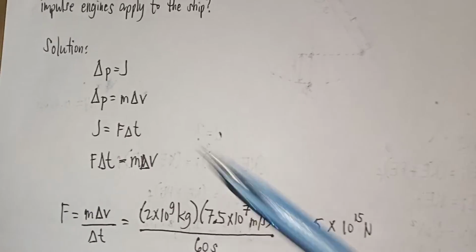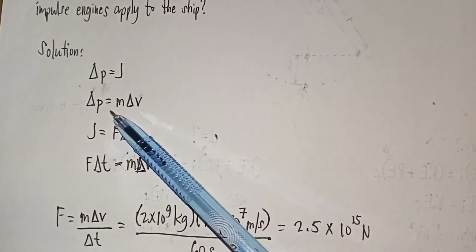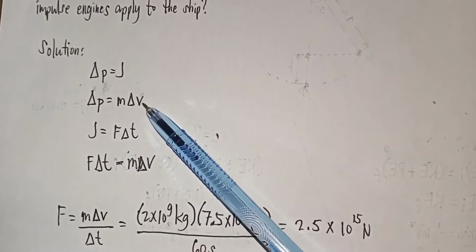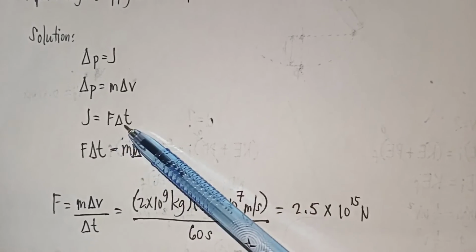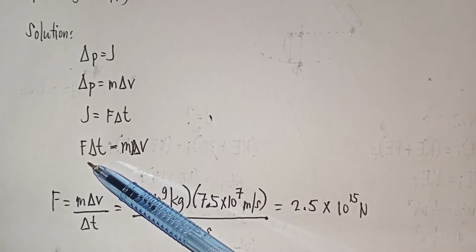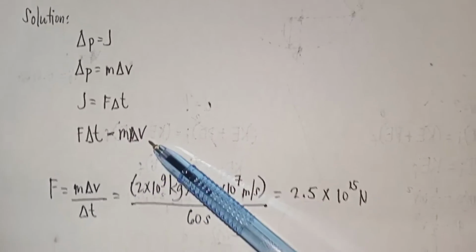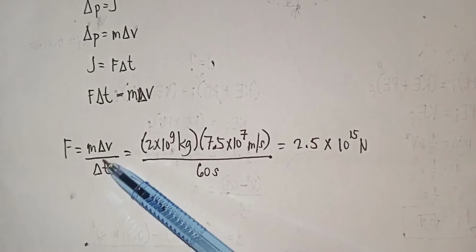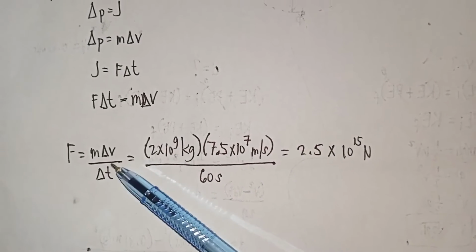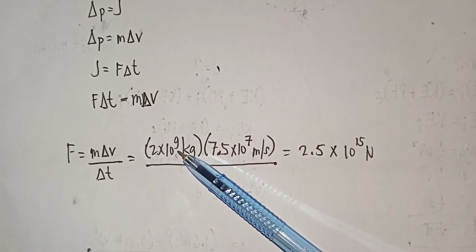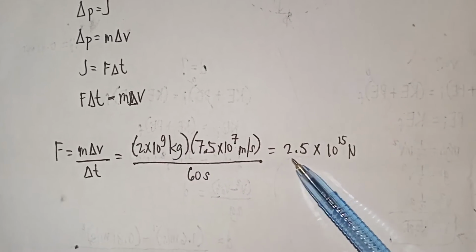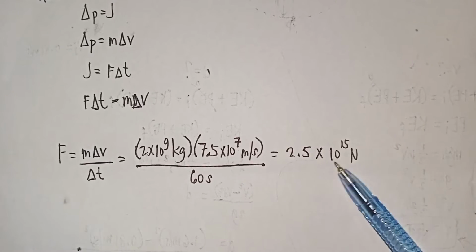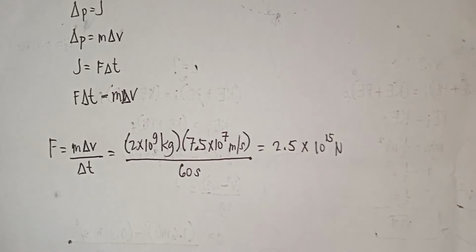Delta P equals J, then delta P equals M delta V. J equals F delta T, then F delta T equals M delta V. Solving for the magnitude of the force and inserting the given values, we arrive at 2.5 times 10 to the power of 15 N.